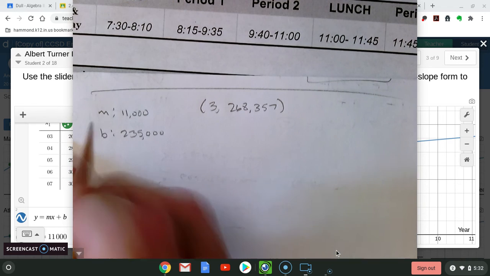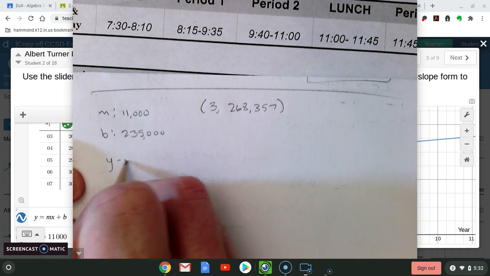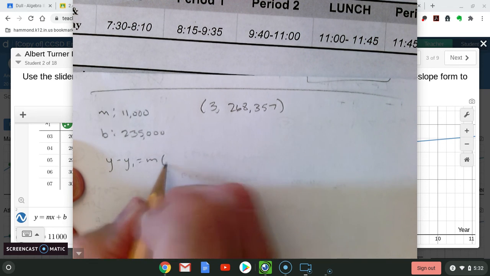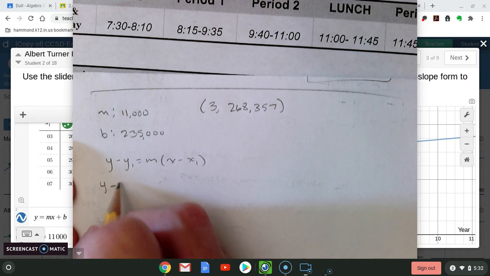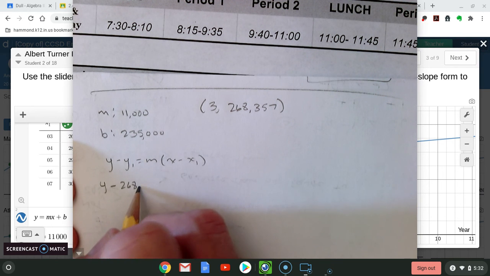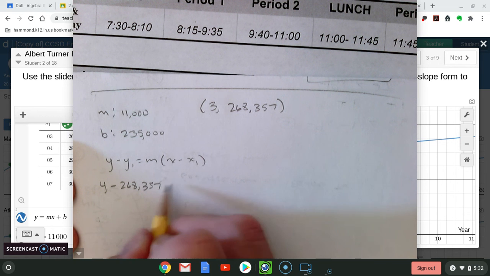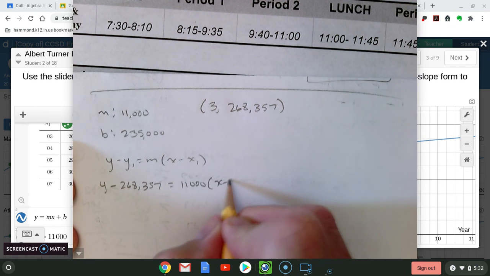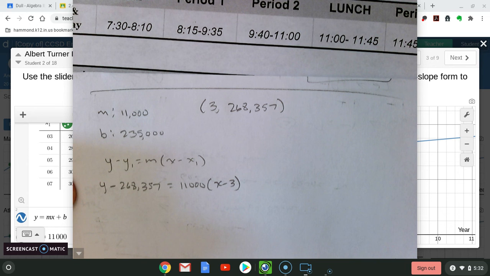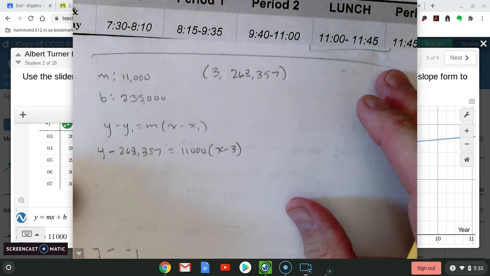All right, so if we want to put this in point slope form, let's take a look at what happened. Y minus 268,357 equals 11,000 times x minus 3. So this is what I was looking for on that screen with the point slope form.